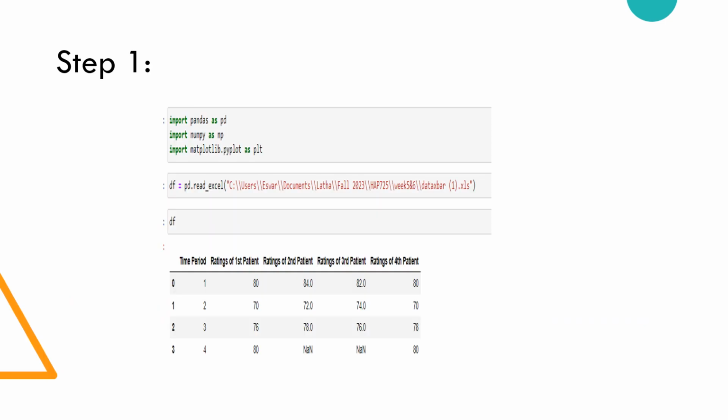So let's go to the first step. The libraries pandas, numpy and matplotlib were imported and the dataset is loaded. The dataset has time period ratings of patients over each time period.